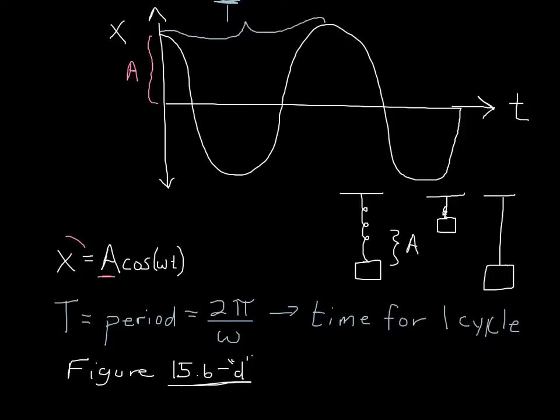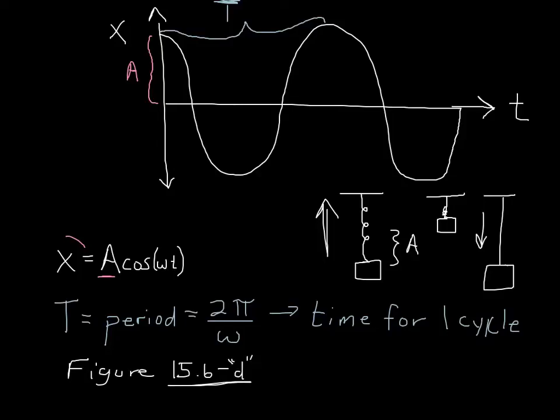That is the motion that I'm tracing out here. That's what this equation is trying to describe for us. That's what x equals A cosine omega t actually means.